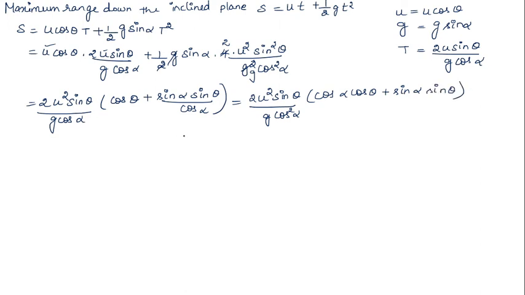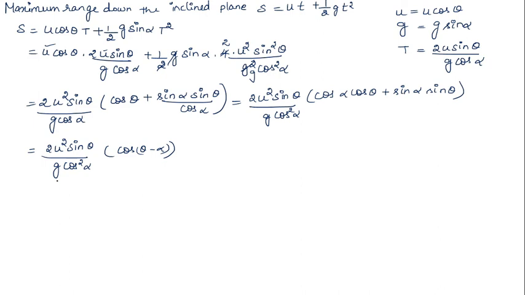So cos A cos B plus sin A sin B gives you cos of A minus B. So we'll get 2u squared sin theta divided by g cos squared alpha into cos of, either you can write theta minus alpha or alpha minus theta. It is theta minus alpha because theta is the larger value we are considering.